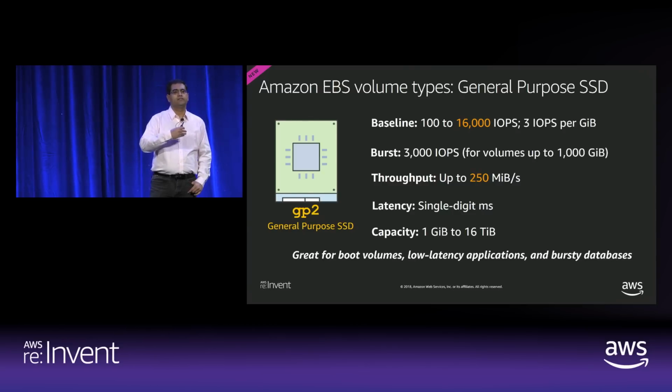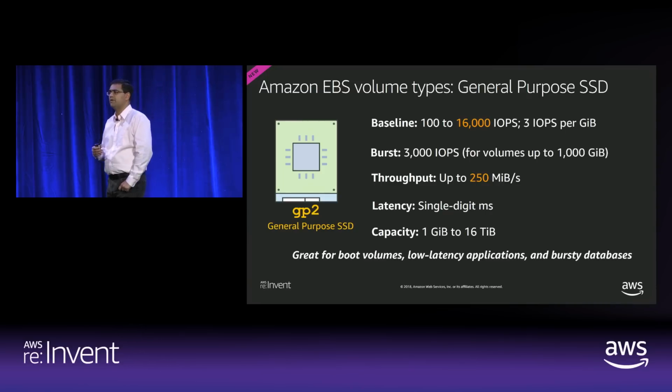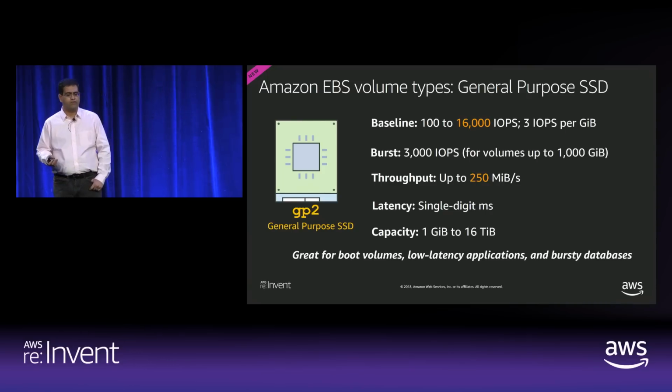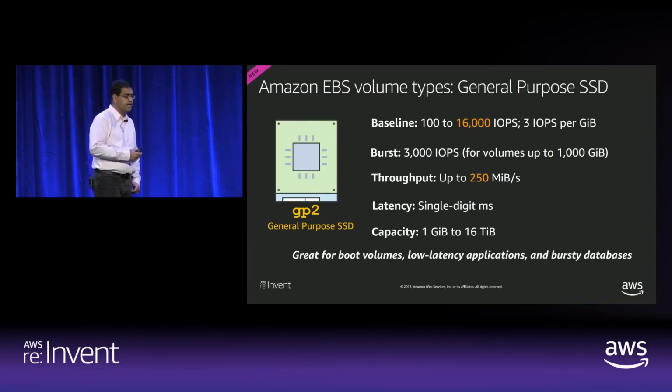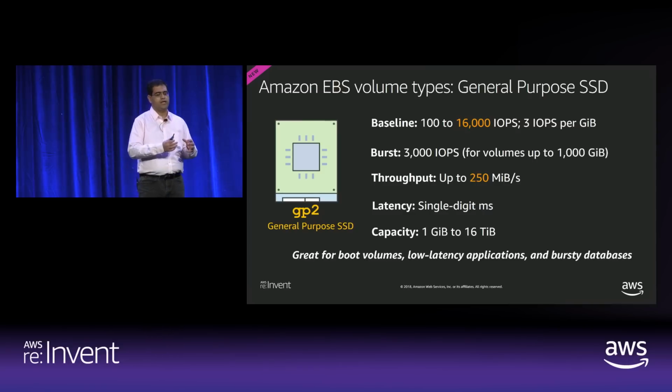So you get 60% more IOPS per EBS volume that you have. And your throughput goes from 160 megabytes per second to 250 megabytes per second. Again, this is the core volume type that is great for boot volumes, low latency applications, and bursty databases.